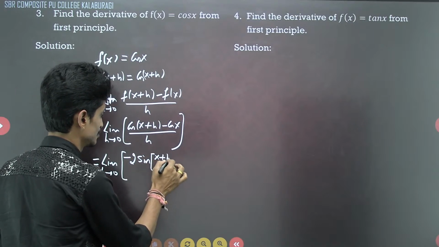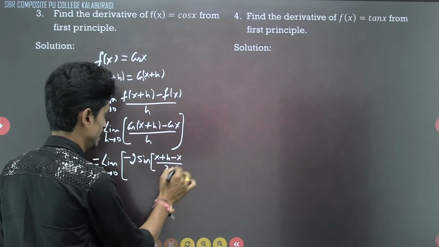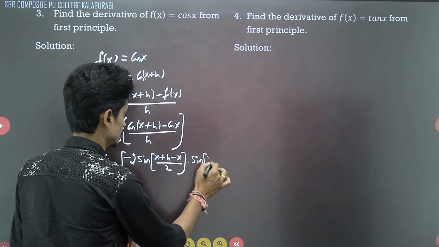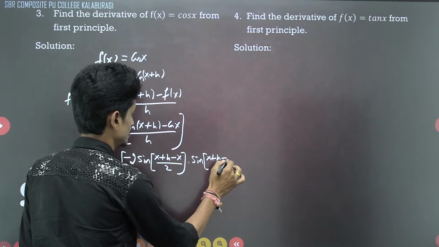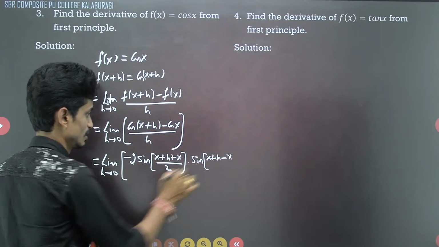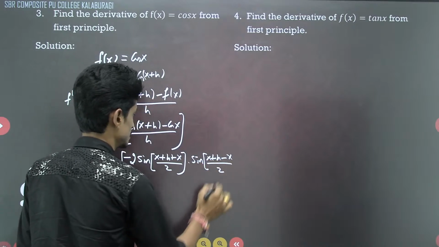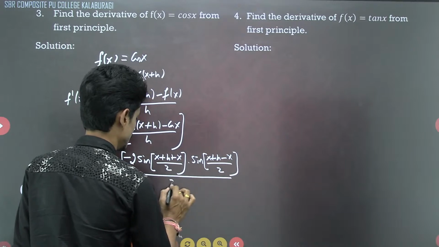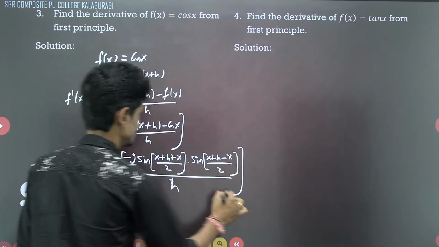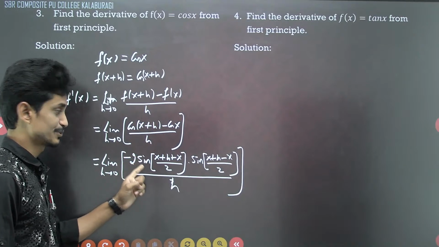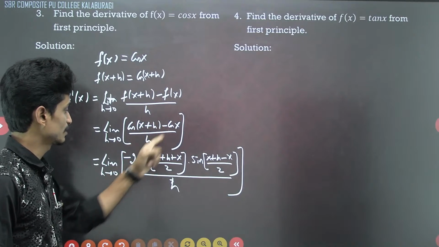That is (x plus h plus x) by 2, into sine of (c minus d) by 2, that is (x plus h minus x) by 2, whole divided by h. Cos c minus cos d is minus 2 times sine of (c plus d) by 2.